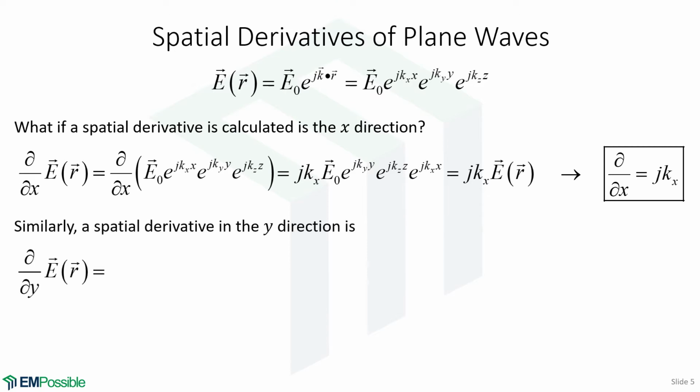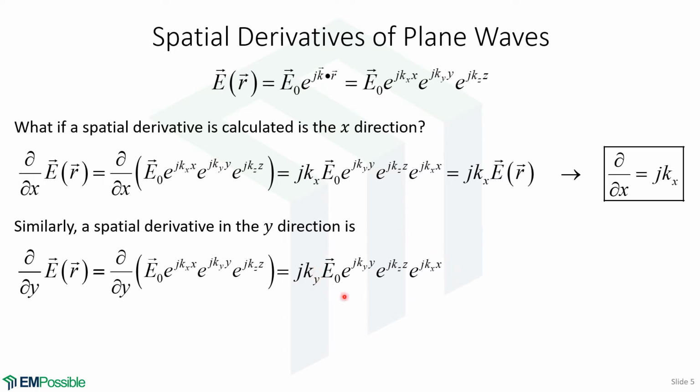Let's do the same thing, but let's look at the partial derivative in the y direction. So again, we drop our expression down for the electric field. Now this partial derivative is only operating on e to the jkyy. Everything else inside the parentheses can come to the outside. And in the end, we just bring the jky out to the outside, and we're left with the original expression of the electric field all the way on the right.